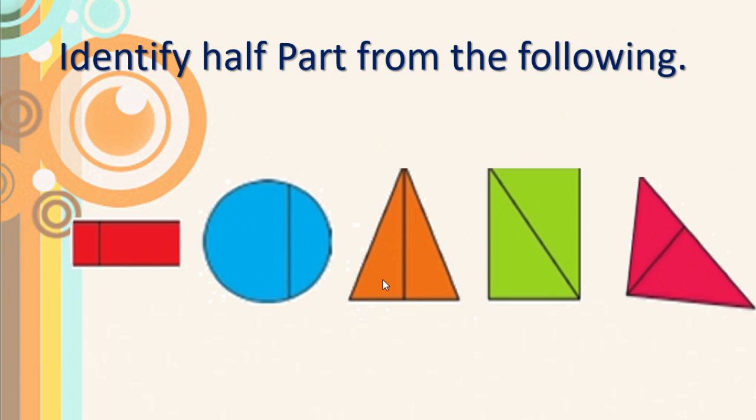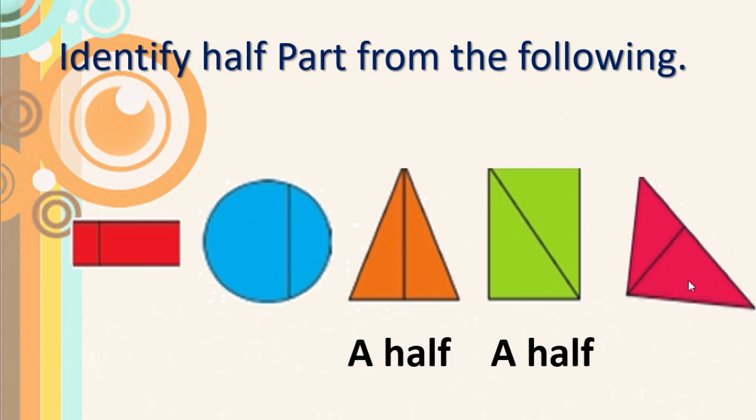In the triangle, we can see the line exactly in between. So we got here two halves, or a half part it shows. Correct? Here also, the rectangle is exactly divided into two parts. So this also shows a half part.